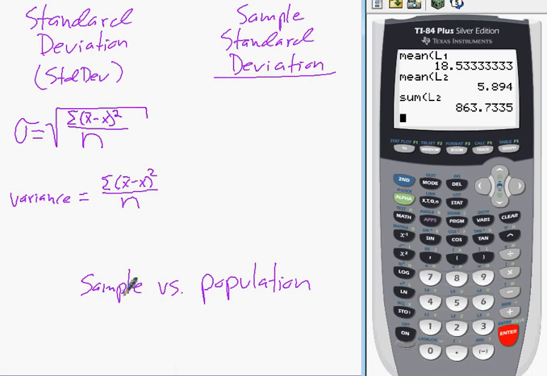So that's the difference between a sample, which is a portion, and a population, which is all the members are known. So if we were to think of these rose bushes as just a sample, and we wanted to calculate the standard deviation, there's a slight adjustment which gets done.